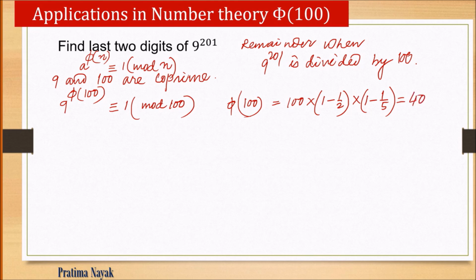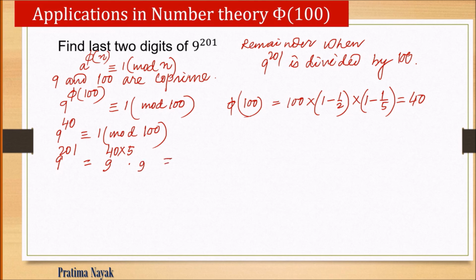So 9 power 40 is congruent to 1 modulo 100. So 9 power 201, I'll write in terms of 9 power 40. It can be written as 9 power 40 multiplied by 5, that will be 200, and another 9 power 1.